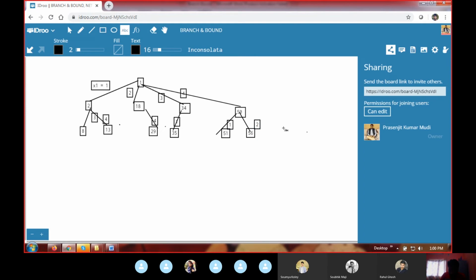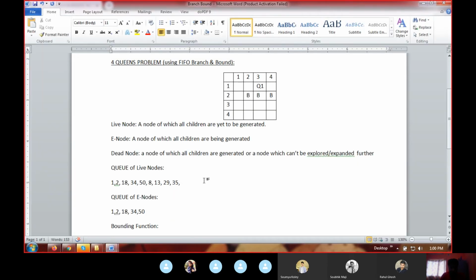But the third child, 61, is not possible because x2 can't be equal to 3, because 3 is diagonal to 4. Next, 51, 56 were done. So 56 can be a possible live node.